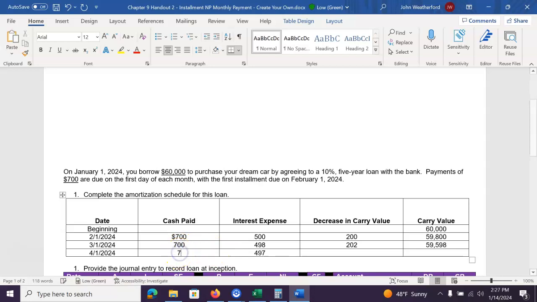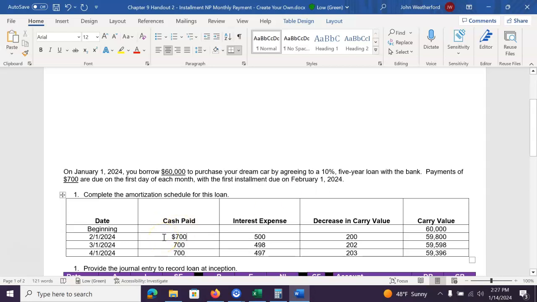If our payment is still $700, it gets us what, $203, leaving our balance on the loan at $59,396. So let's think about this for a second. Again, this loan payment is not enough to pay this thing off in 5 years. And we could make it the correct amount, but I just like to show you here. Here's what I'm trying to get to.